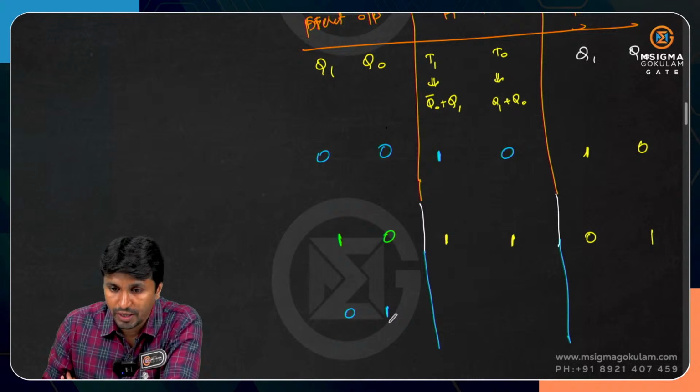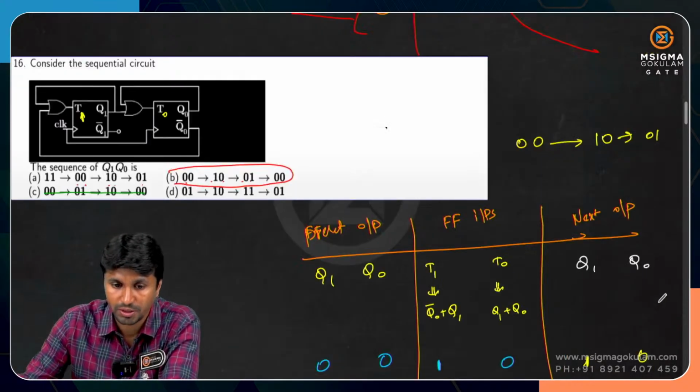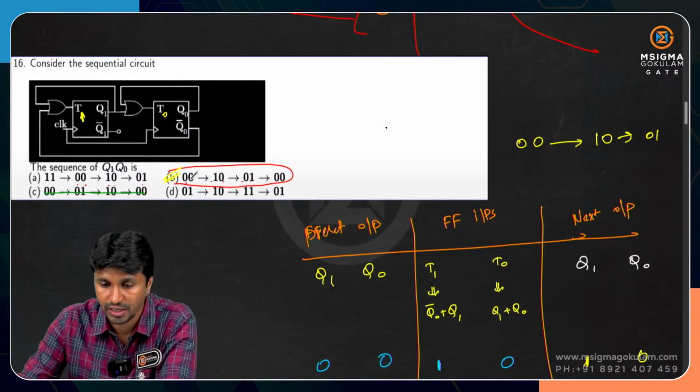Q0 complement is 0 and Q1 is 0, so this is 0, right? What about this one? This is 1, right? So this output remains as it is, and this is 1, so the output will toggle. So obviously option B is the correct answer, right?